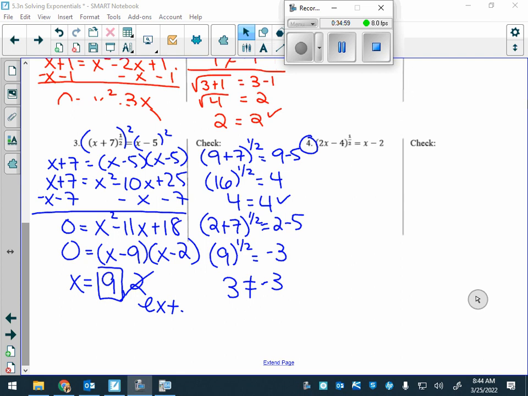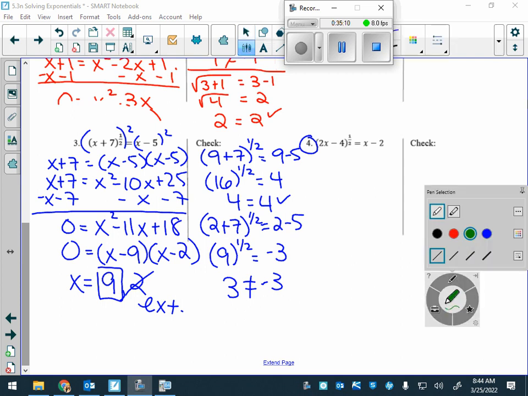All right, for number 4, 6 and 0. Someone get something different? I got 4 and 2. 4 and 2 is correct. So we are squaring both sides. We have 2x minus 4 equals x squared minus 4x plus 4 once you do it all out. Then you subtract 2x, add 4.